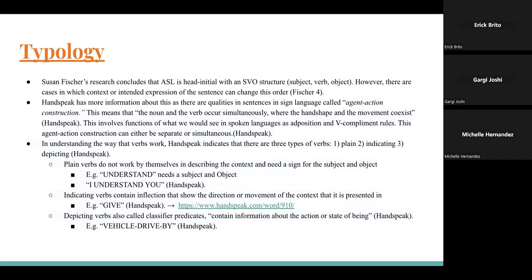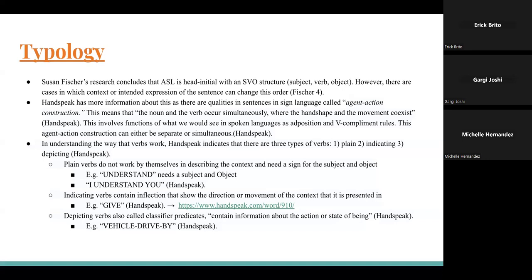For example, one quality of sign language is called agent action construction, which means that the noun and the verb occur simultaneously where the hand shape and the movement coexist. So it involves the functions of what we would see in spoken language as adposition, V complement rules. This agent action construction can either be separate or simultaneous.